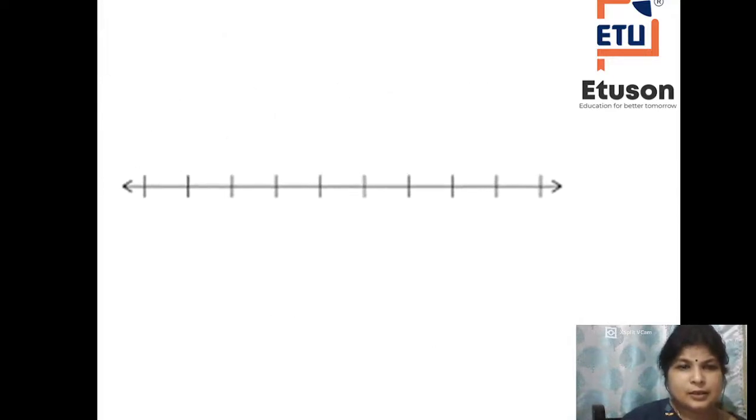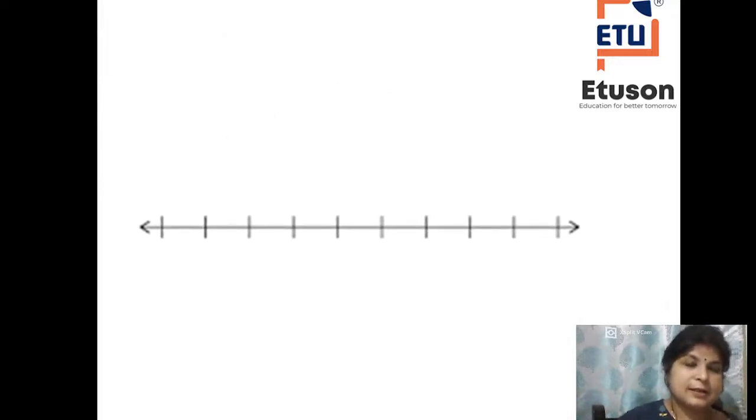Okay, so I will take one more example. Let us consider that in a particular number line, you are supposed to represent 4 by 9. It's simple, same procedure. Again you start with 0, 1, 2, 3, 4, 5, 6, 7, 8, 9.